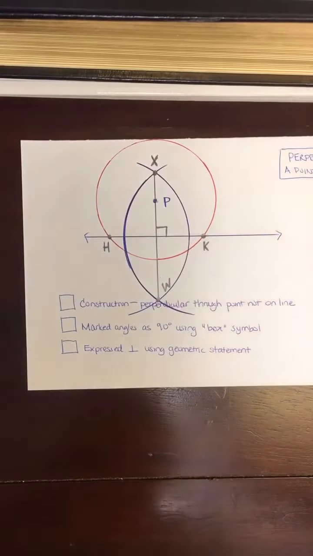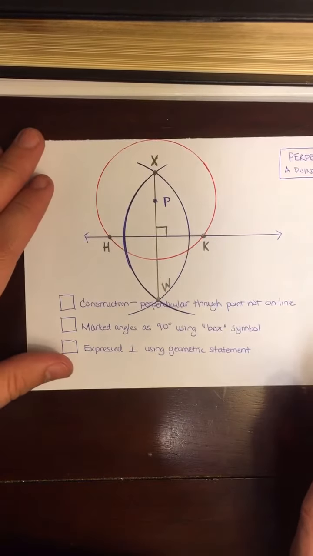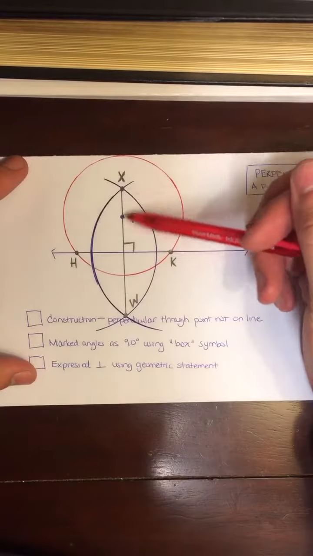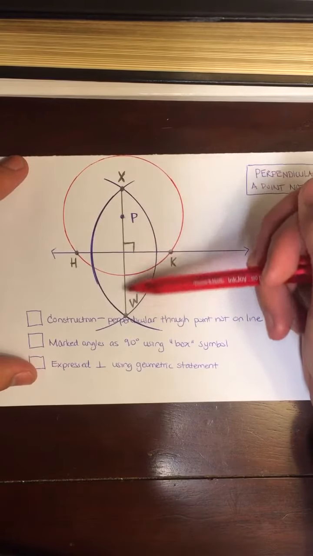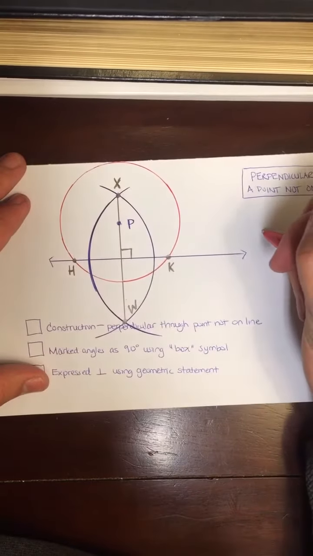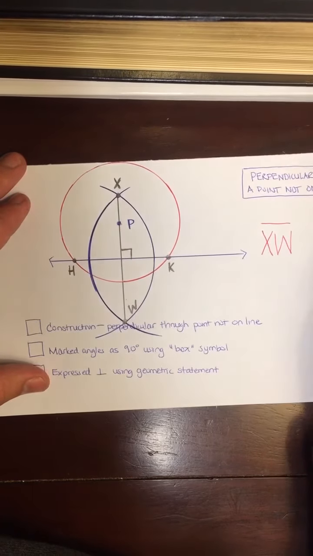I can also indicate that things are perpendicular here by writing a geometric statement or a geometric sentence. So I can say my up and down line that goes from point X to point W here, so essentially it is line segment XW.